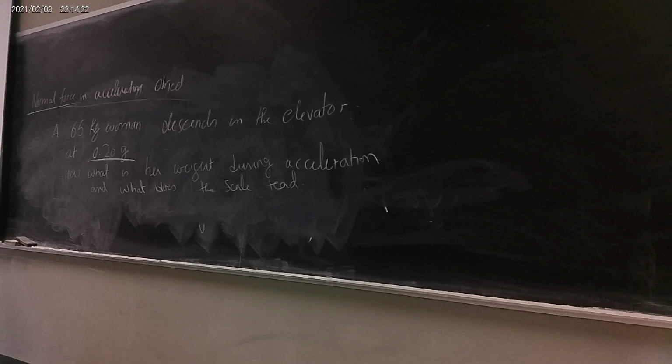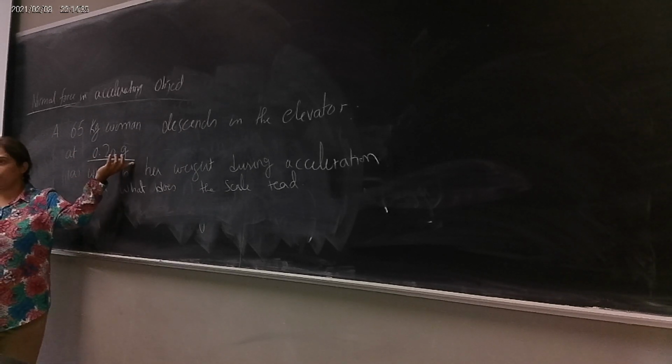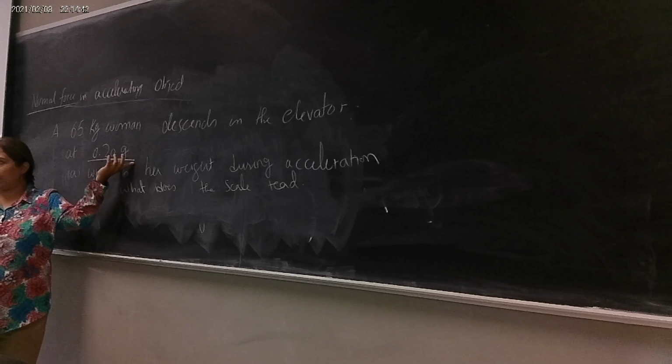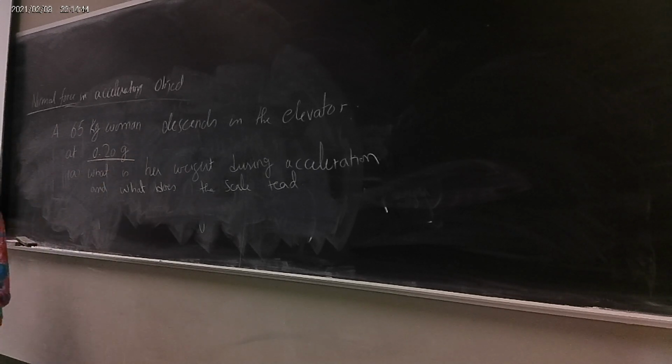Exactly, g could be used as the unit to represent the acceleration. Sometimes you would see the acceleration as a multiple of g. So don't get confused, don't think it's grams. It is still the acceleration, but given in terms of acceleration due to gravity. So you want to know what is her weight during the acceleration and what the scale reads.